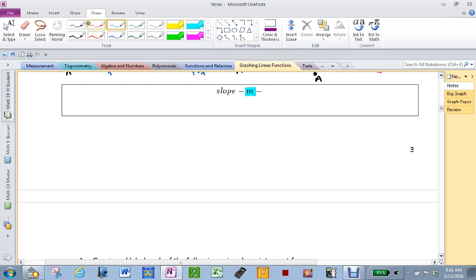So, slope M always. And what do we know about slope? It is a value. It is not a distance. It is not coordinates on a graph.